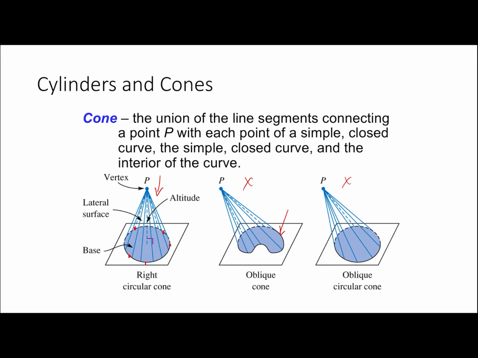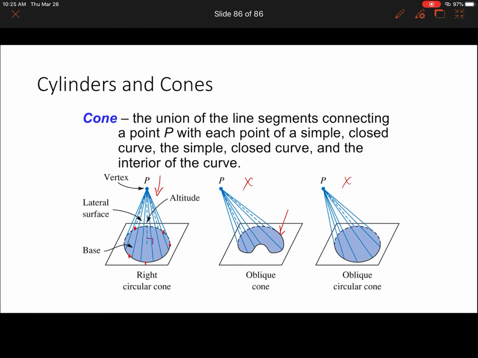If our vertex is shifted over and not directly over the center, then it is considered an oblique cone, like both of these last two examples. The first one is a right circular cone because the vertex is directly over the center of that circle. An ice cream cone or a birthday hat are right circular cones, whereas in these last two examples we have oblique cones.